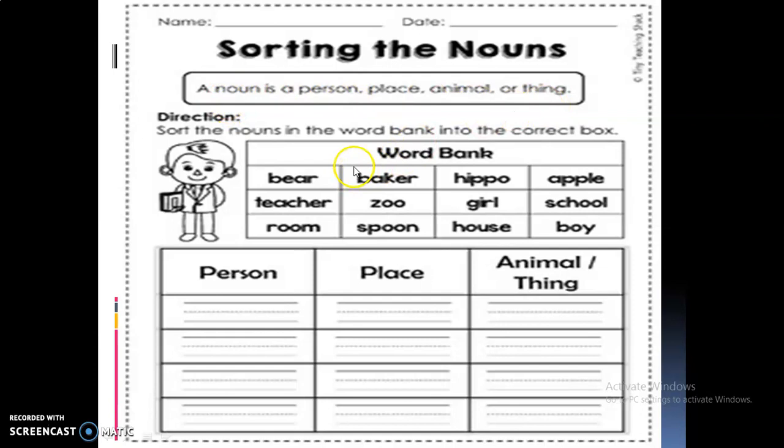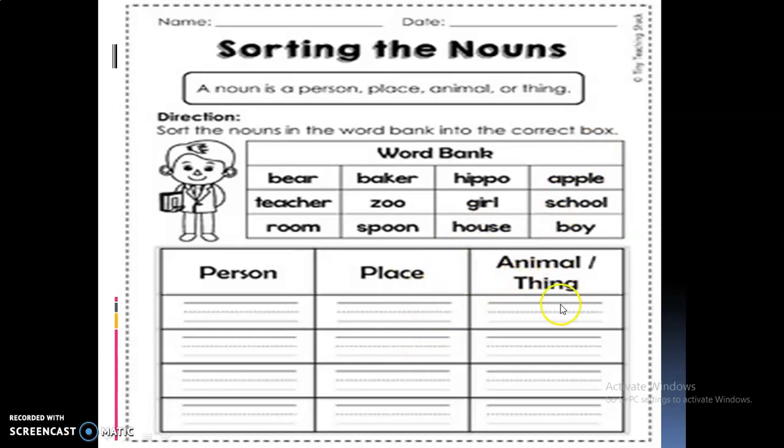So now you have to place these nouns in the proper place. So person, under this person you can put girl, teacher, boy, all these come under person. Next, place. Room is a place. Very good. So house is a place. School also comes under this place.